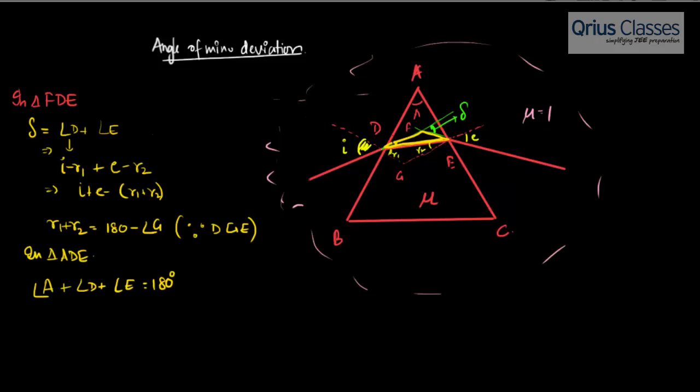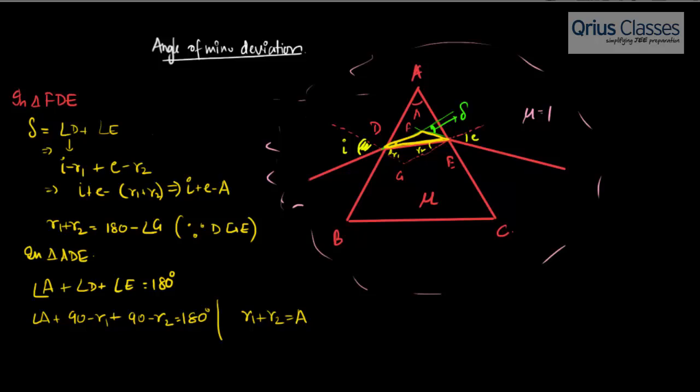So the line joining D and E must make an angle 90 minus R1, which is angle D in this triangle. So angle A plus 90 minus R1 plus, similarly, angle E must be 90 minus R2. Yes, that must be 180. So solving this equation, we get that R1 plus R2 must be equal to angle A, thereby giving us that the angle of deviation must be I plus E minus A.